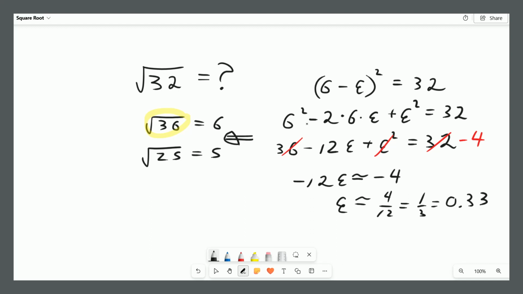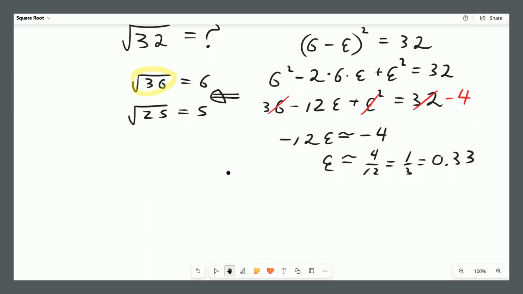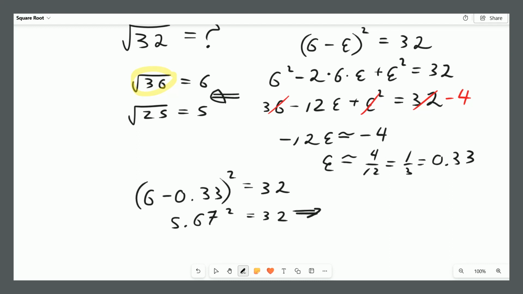So what do we conclude then? (6 - 0.33)² equals 32, or 5.67² equals 32. So the square root of 32 is approximately equal to 5.67.